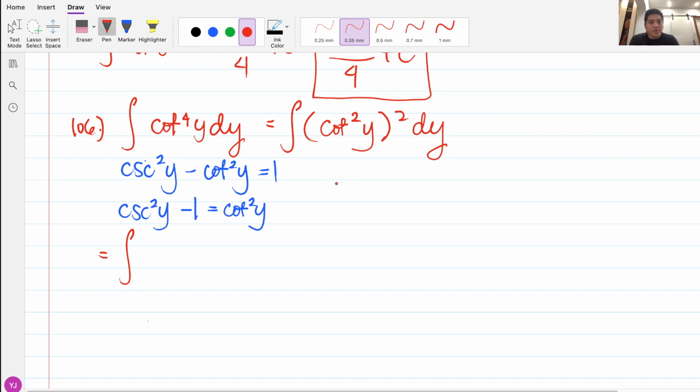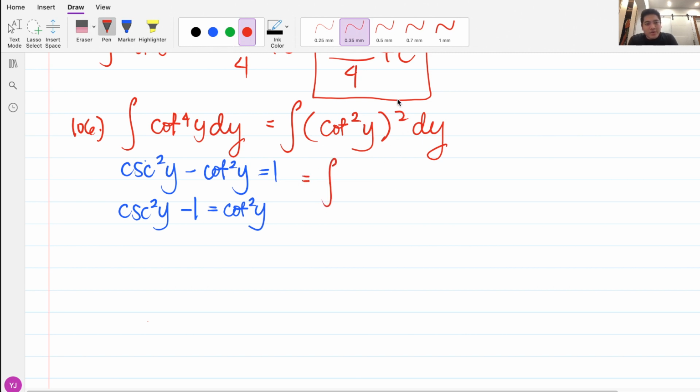So cotangent squared y is simply equal to cosecant squared y minus 1, and then I have the square. But before I change it, let me just rewrite this so that you will not be confused.